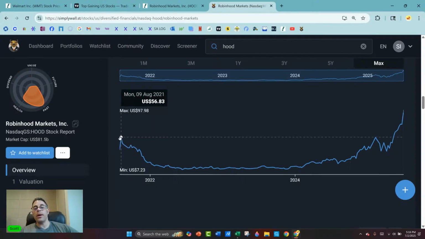So if you bought it, I know a lot of people did buy it at this point, because it's hard to buy a stock at IPO because institutions have access right at IPO. But if you're a regular retail trader, you wouldn't have bought it. You would not have the opportunity to buy it until it ran up to like at least 50.